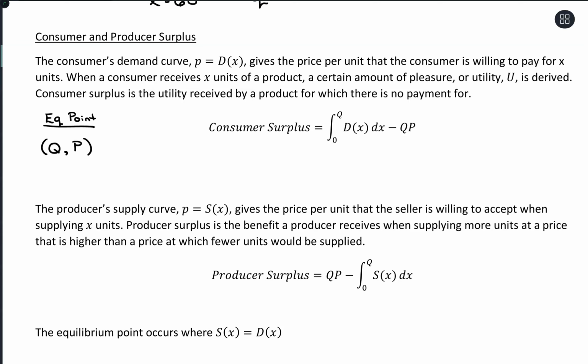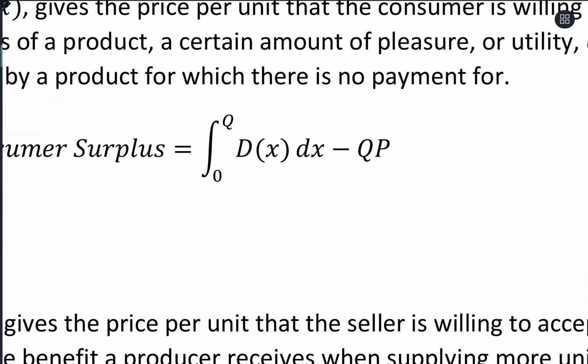To calculate it, we take the definite integral from 0 to Q, where Q is the x-coordinate of our equilibrium point, of our demand function D of x dx, minus Q times P, where P is the y-coordinate of our equilibrium point.